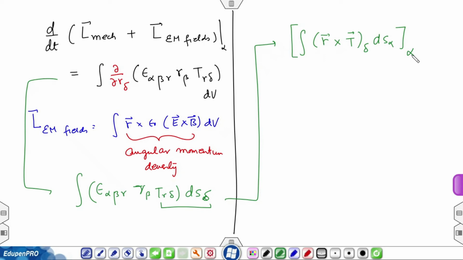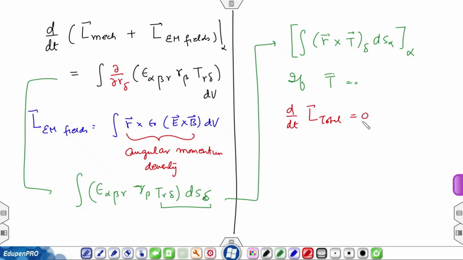So, we have now gotten the conservation of angular momentum, that is if T is 0, there is no term on the surface, you have d by dt of L total is equal to 0.